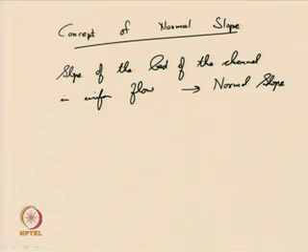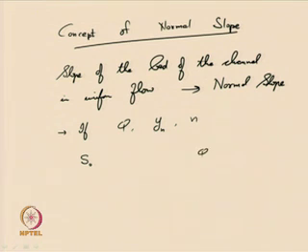It is quite useful. One can easily compute the bed slope if the discharge in the channel is given, the normal depth is given, the channel cross sectional details are given, and Manning's roughness coefficient is also provided. How do you compute that?